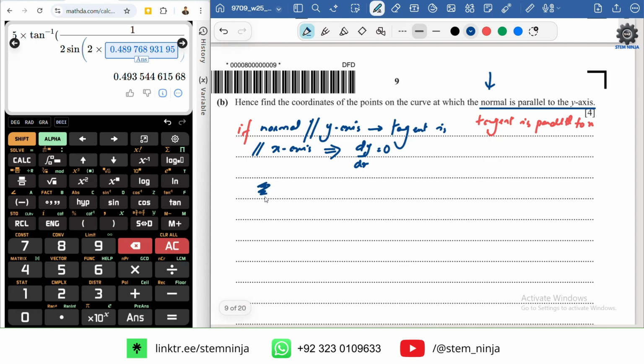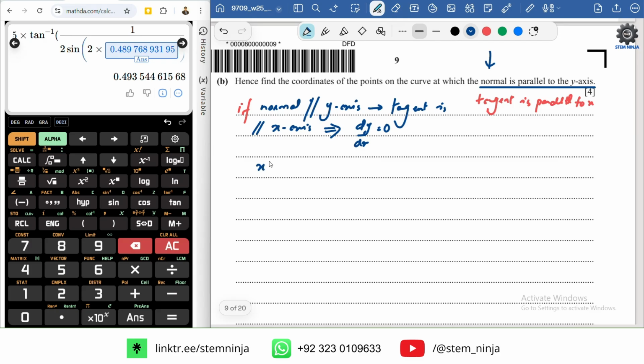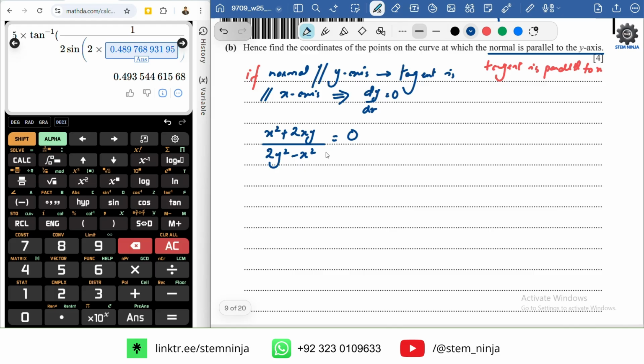So (x squared plus 2xy) divided by (2y squared minus x squared) equals 0. The denominator basically just goes away because you cross multiply with 0. This becomes x squared plus 2xy equals 0, at which the normal is parallel to the y-axis.